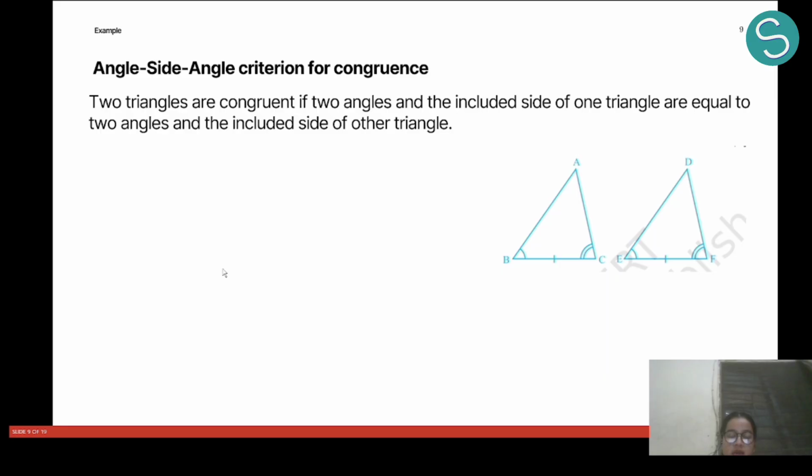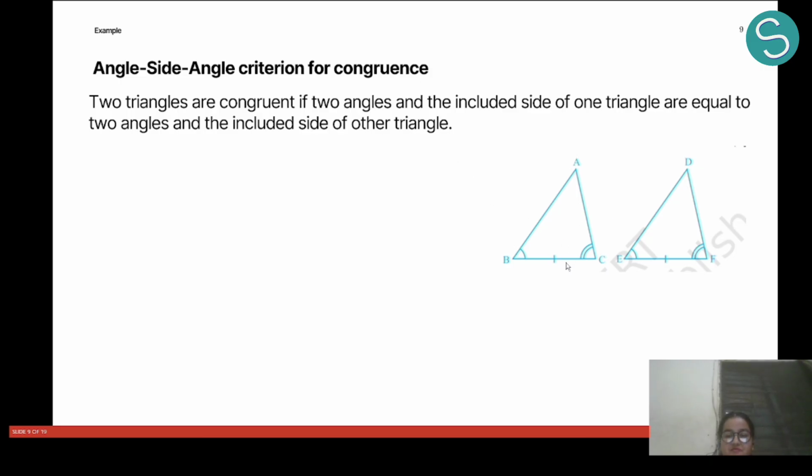Now, the second criterion for congruence is the angle side angle criterion. Two triangles are congruent if two angles and the included side of one triangle are equal to two angles and the included side of another triangle.